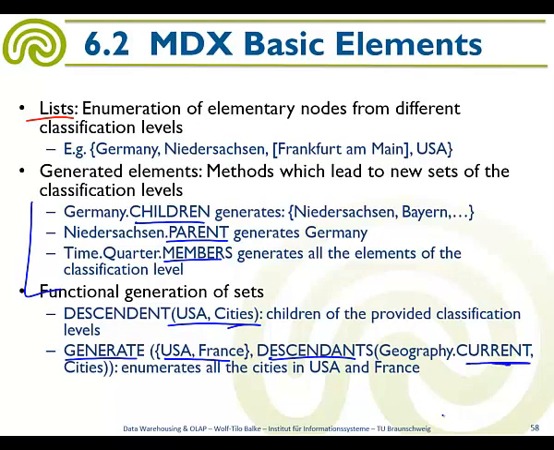Current always means the nodes that I'm looking at, USA and France, so that would enumerate all the cities in USA and France. So with this generate, you can build new lists, you can expand lists from known stuff. Good. Those were lists basically built on the nodes or the node trees.